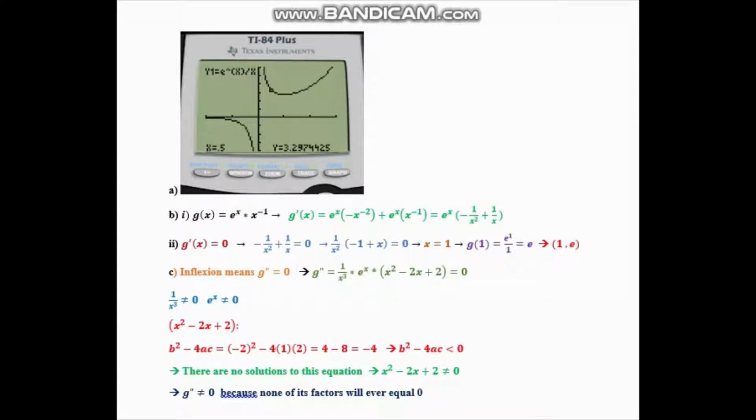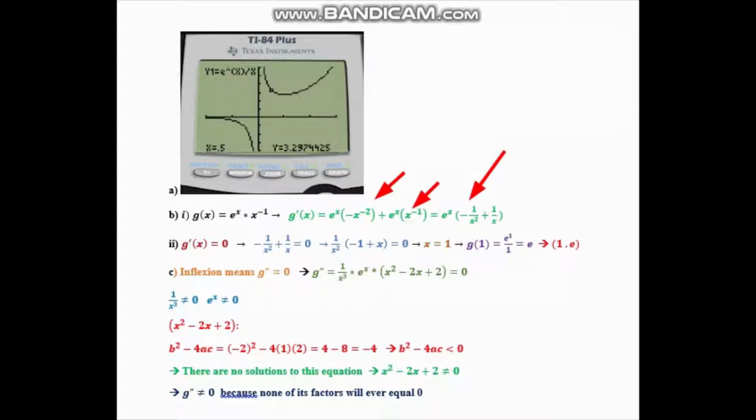Hence, we shall use uv dash plus vu dash, and there is our v dash, there is our u, so this is uv dash, and there is our vu dash, so this is our v, and this is our u dash. So uv dash plus vu dash, and what I've done here is I've taken e to the power of x as a common factor and rewritten those as fractions with x in the denominator and positive powers.